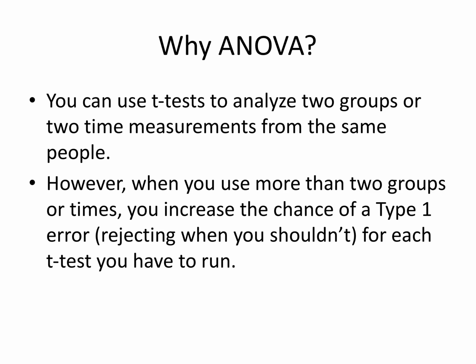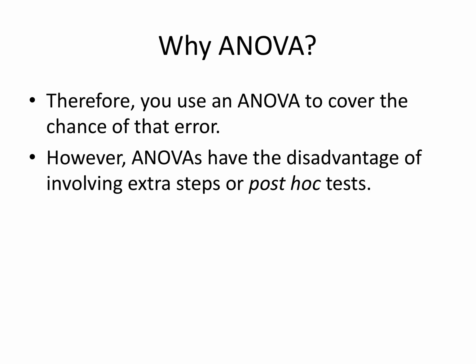Remember that type 1 is when you reject the null hypothesis when you shouldn't. It gives you more room to find significant differences that maybe aren't there. With each additional t-test, we add to our type 1 error. So ANOVA allows us to cover all of those t-tests at once and reduce that chance of error.